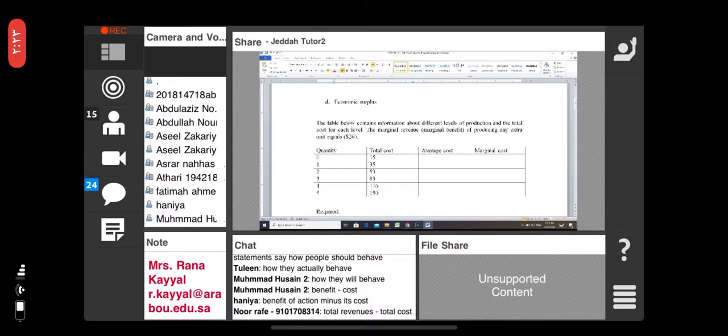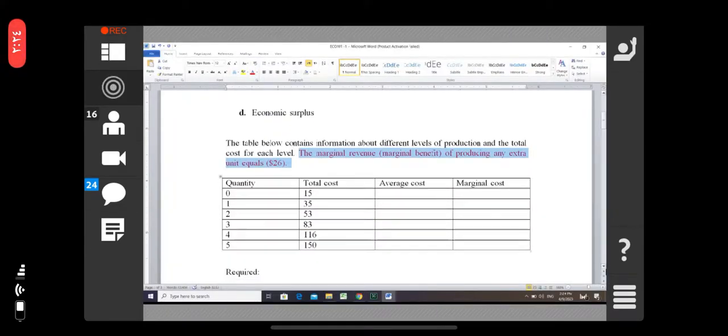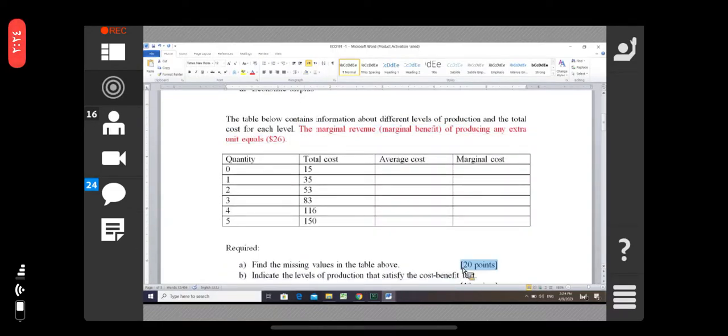In the first column I have quantities, in the second column I have the total cost. The marginal revenue or the marginal benefit for each unit is equal to 26. This is a given that I have to keep in mind. The first requirement is to fill in the missing data in the table above.